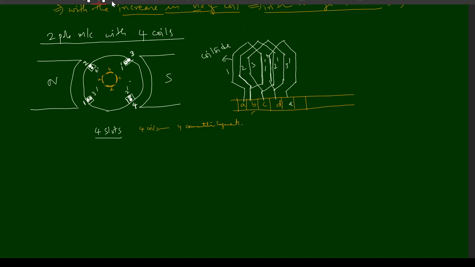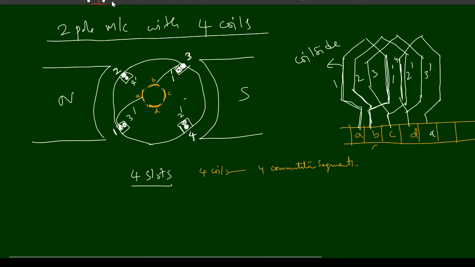So I am going to represent here that 1 is connected to A, and 1 dash is connected to B. Let me make it bigger.